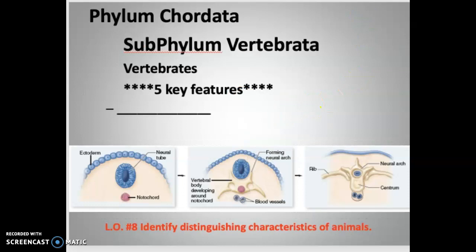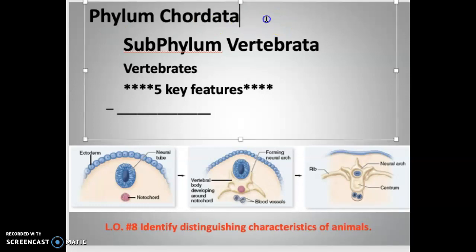So to be in Chordata, you have to have those 4 key features. To go into subphylum Vertebrata, you now need a set of additional features. There's 5 key features that place an animal into the subphylum Vertebrata. So start with the 4 to get you to Chordata.